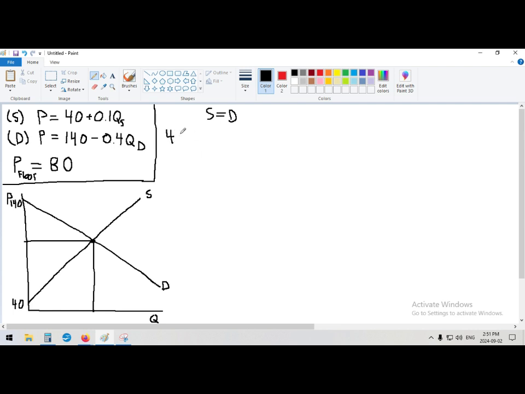So here we have 40 plus 0.1 Q equals 140 minus 0.4 Q. Let's solve for Q. If we move it over to the left, we get 0.5 Q, and on the right-hand side, we subtract the 40 from 140 and get 100. Then if we multiply both sides by 2, we get a market quantity Q star equal to 200.